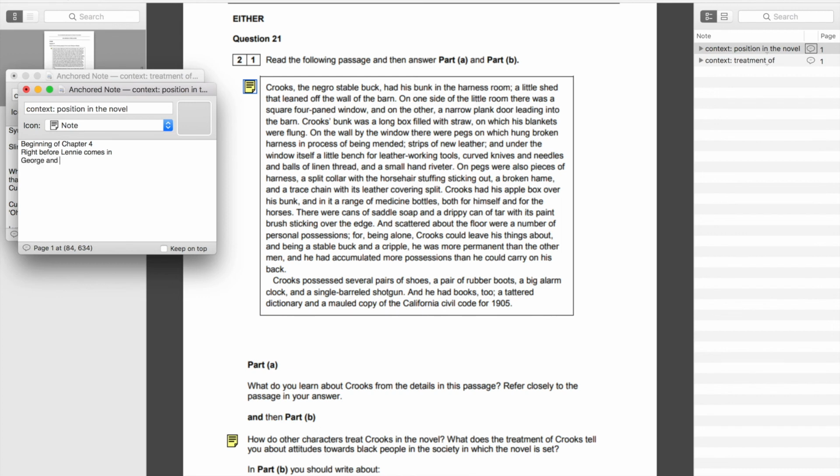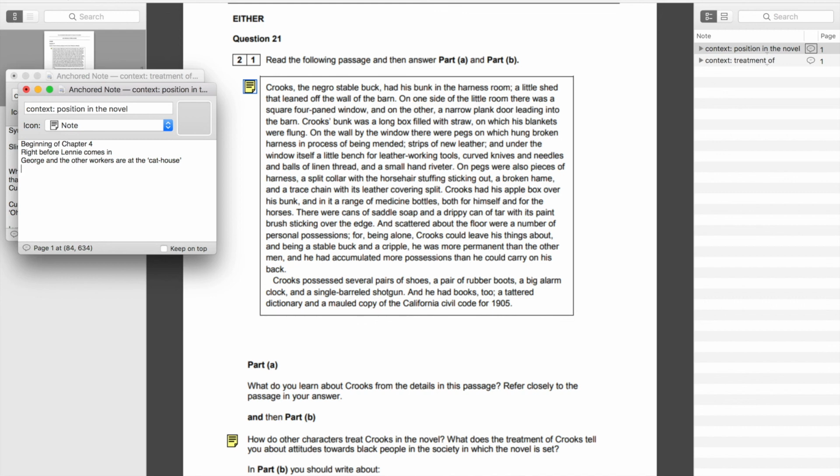George and the other workers are at the cat house, which is a term for a brothel, or a place where men would go to sleep with prostitutes. So no one else is on the farm at the moment except for Crooks, Candy, Lennie, and Curly's wife. All right, so that's where this is positioned.